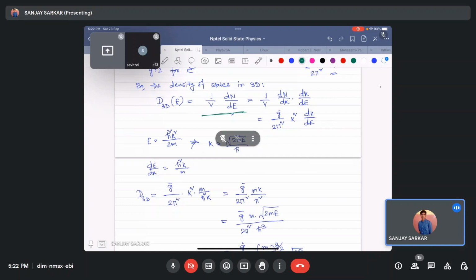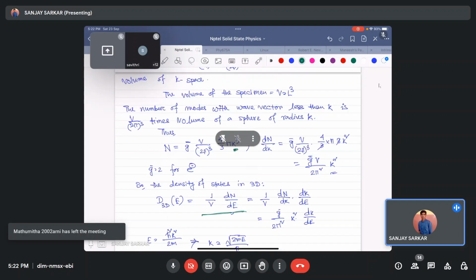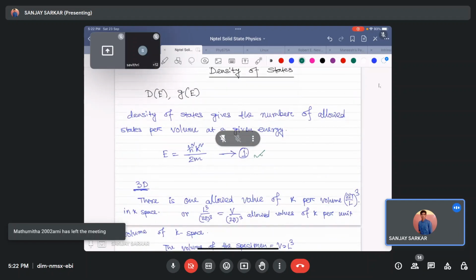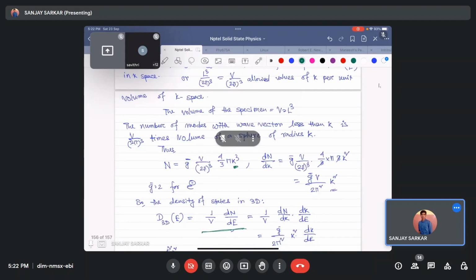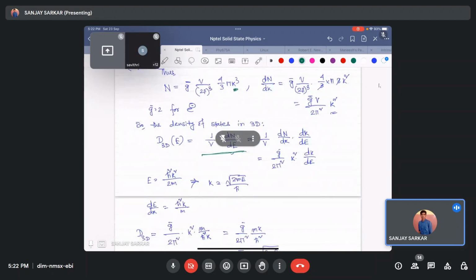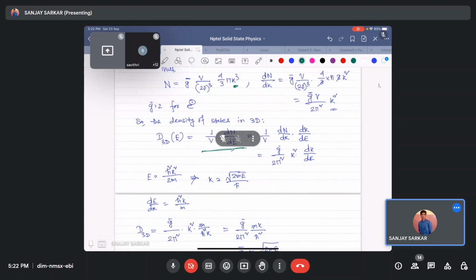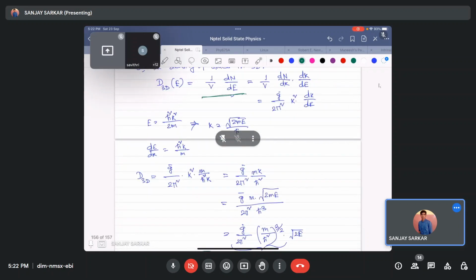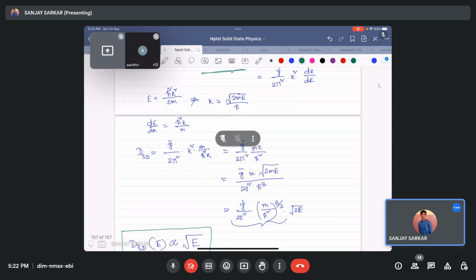If this is clear, can you calculate it for a 2D system? The dispersion relation is the same, E equals h bar square k square by 2m, and you need to calculate this for a 2D system.